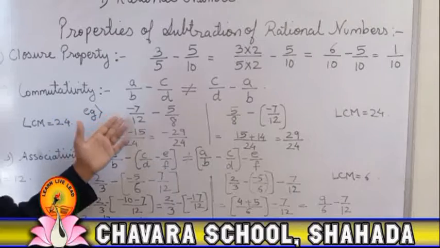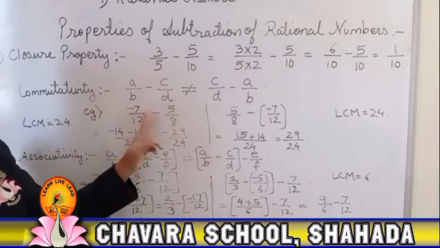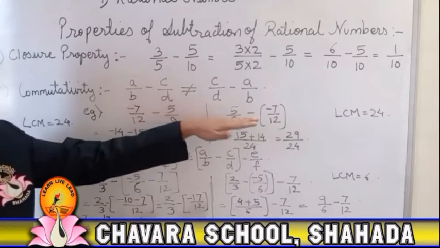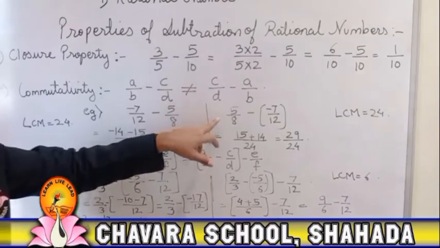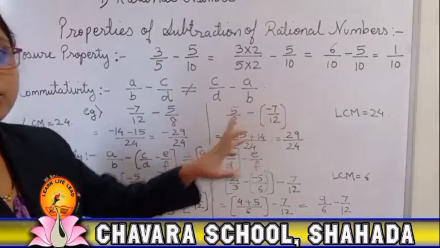The example is negative 7 upon 12 minus 5 upon 8, and we will interchange the places in the second part. So this is the LHS and this is the RHS: 5 upon 8 minus 7 upon 12.